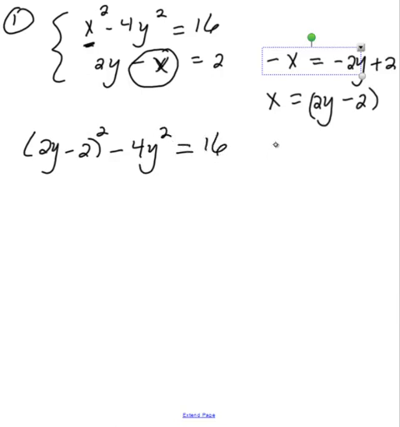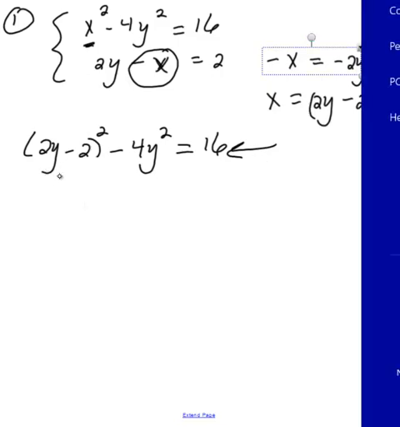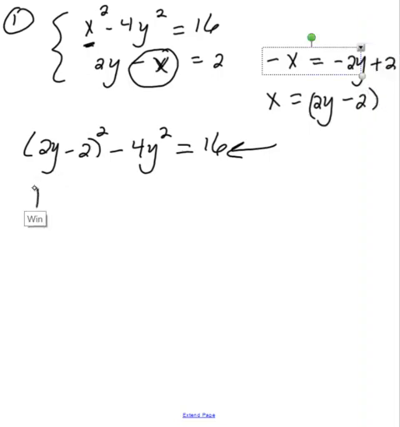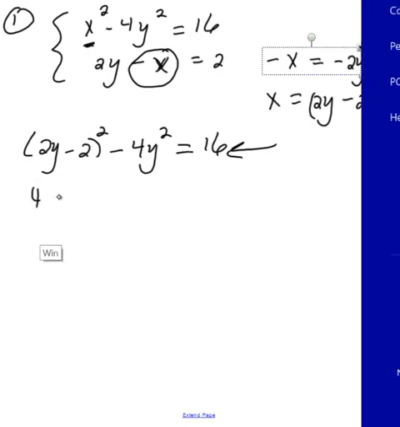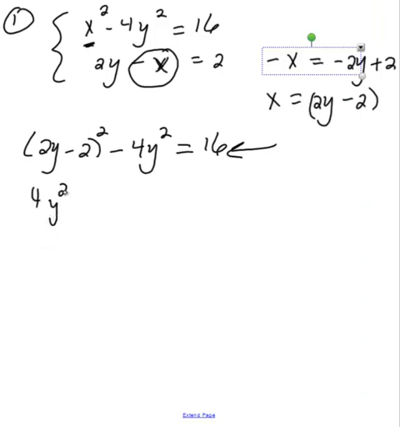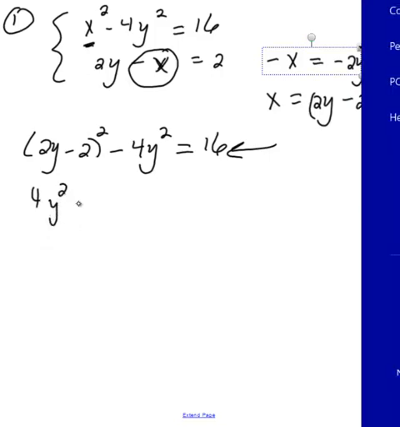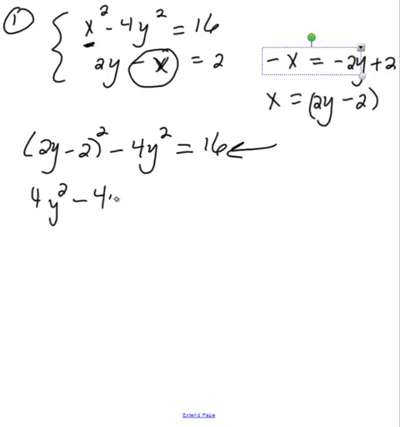And now I have one equation and one variable only, and that variable is y. 2y minus 2, the whole thing squared, would be 2y times 2y, that is 4y squared. And then I'm going to have a minus 4y in the middle, and another minus 4y, and then a positive 4. And then I have this last term over here, minus 4y squared equals 16.